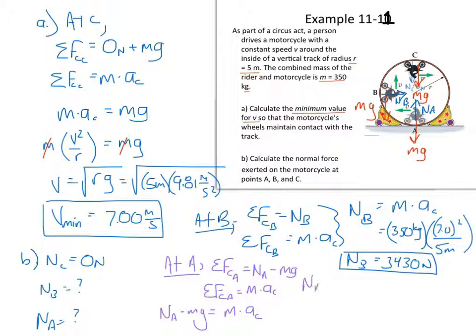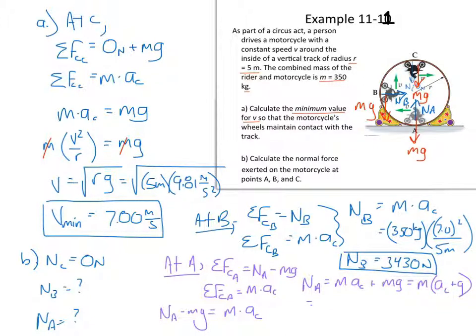So our normal force at A equals mac plus mg. All right, I'm really running out of space here. Let's maybe make it a little bit simpler. Equals mass times AC plus G, right? I just factored out the M right there, so it might make it easier to calculate.